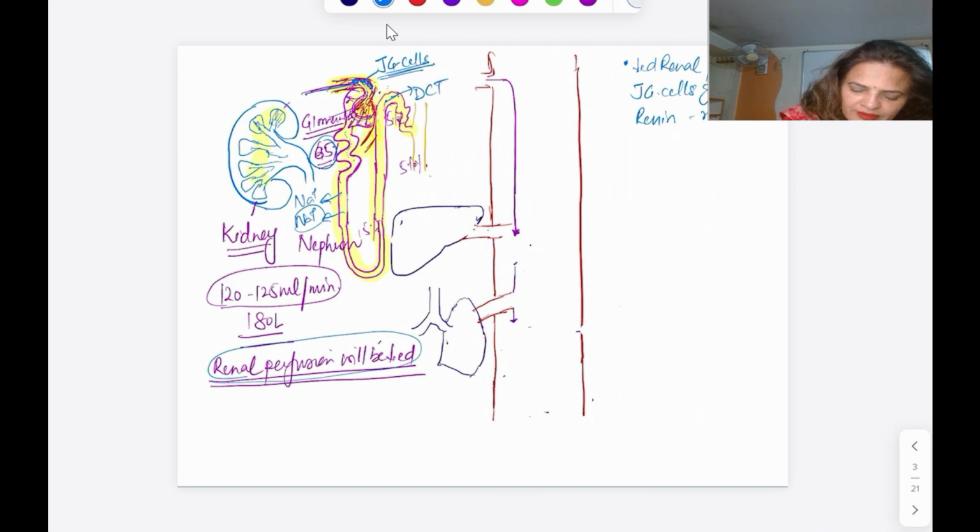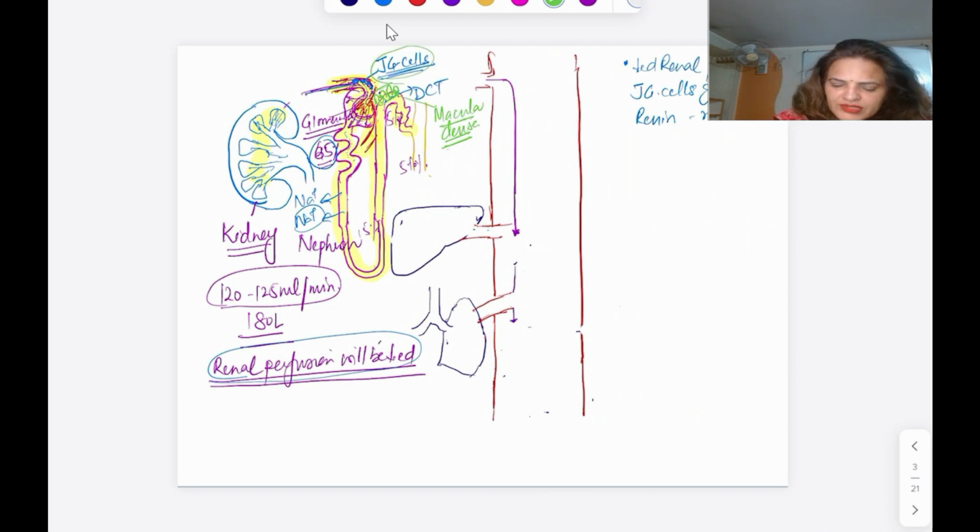This decreased concentration of sodium is sensed by another group of cells, this green color I am showing. This is present in the distal convoluted tubule, and this is called the macula densa. Now they are going to send the signal. They are connected with the JG cell with the help of connective tissue, and they send the signal to this JG cell, and again renin will be released.